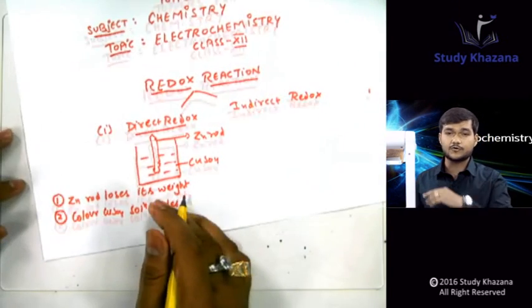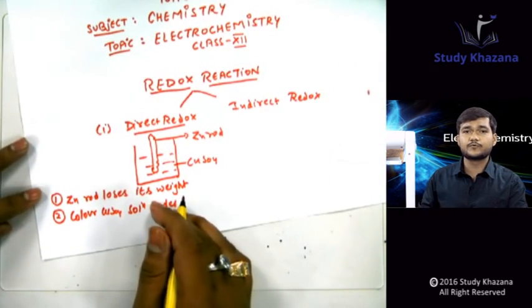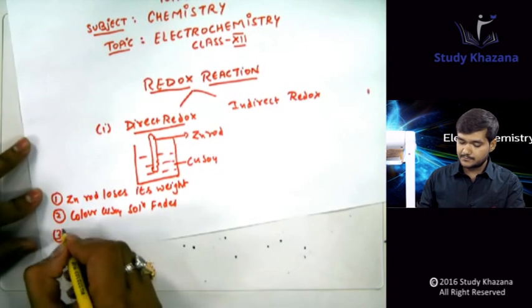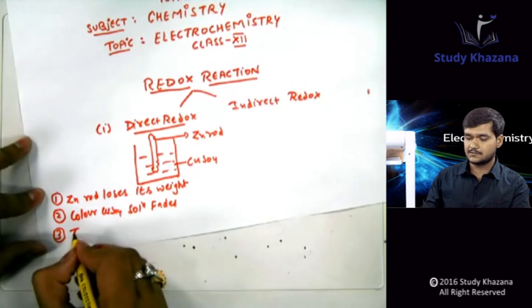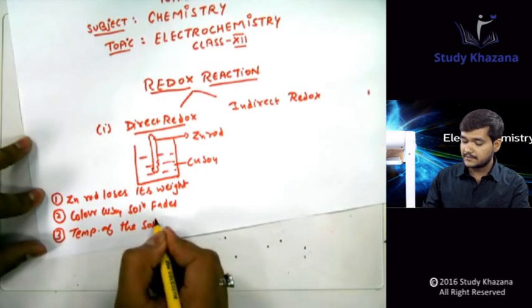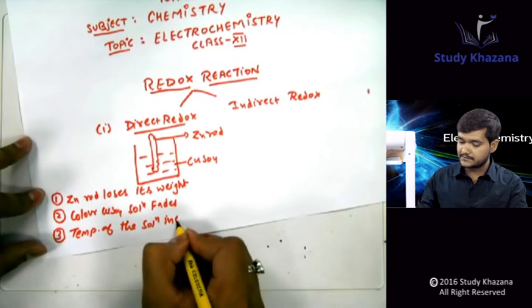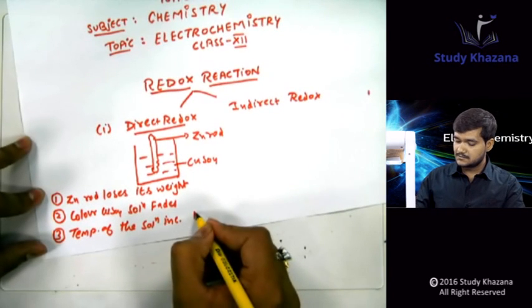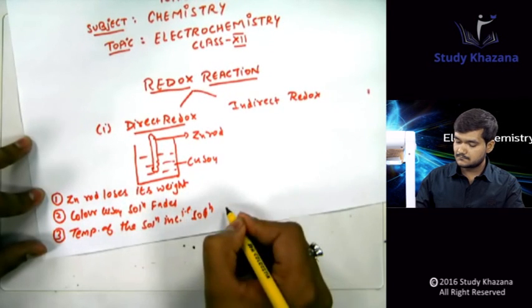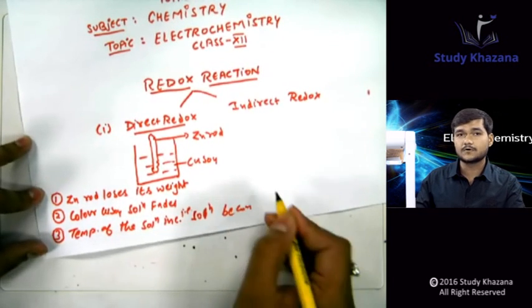Copper sulfate solution, you all must know, is an intense blue in color, so its color fades. Third observation, very important: the temperature of the solution increases. That means the solution becomes hot.